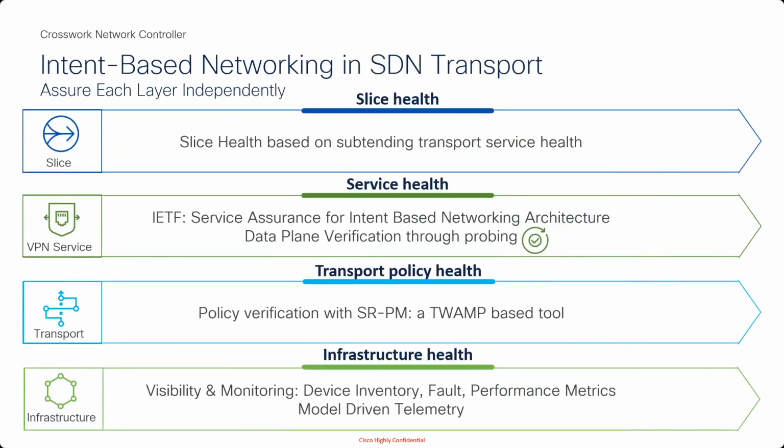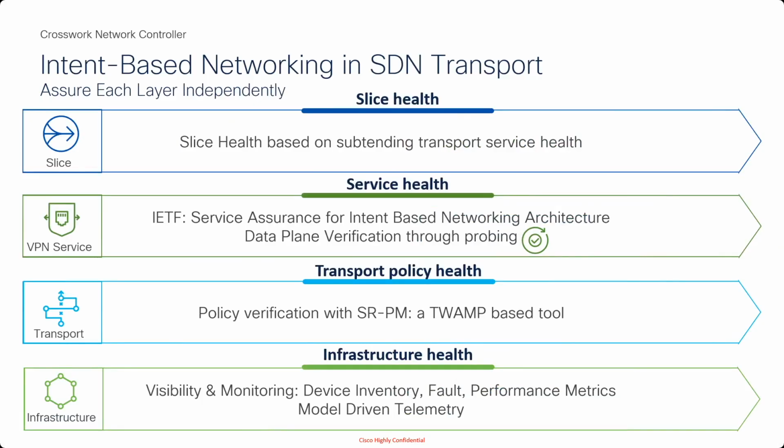Let's see. I'm going directly to the functionality that has been implemented in the cross-network controller, because Accedian is going to be covered later on by Tom Footy. The way we proceed in the controller is again a top-down approach.